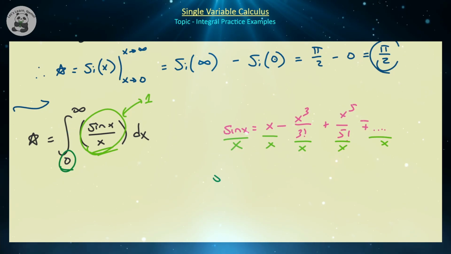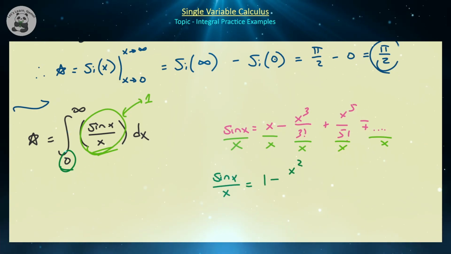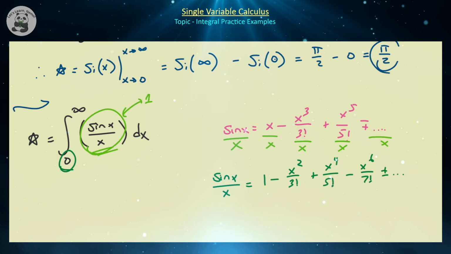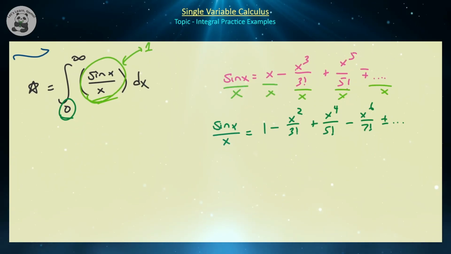Once we have that, sine of x over x is equal to 1 minus x squared over 3 factorial plus x to the 4 over 5 factorial minus x to the 6 over 7 factorial plus minus and so on. Once I have this, I want to integrate this term by term and then evaluate that particular series.